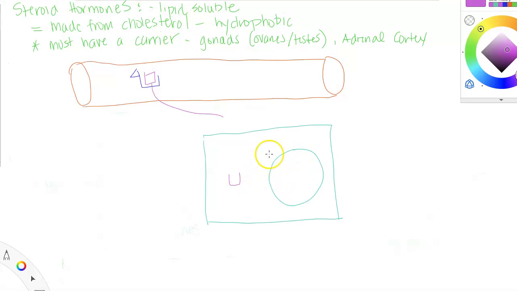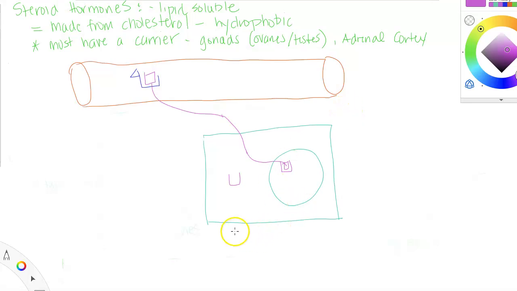It could be just inside the cytoplasm, it's in the nucleus, wherever. So it's inside the cell. Because it's hydrophobic, it's lipid soluble, it will just go right through the plasma membrane. And it will come in through and bind to its receptor in there.